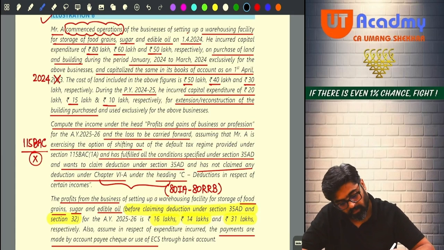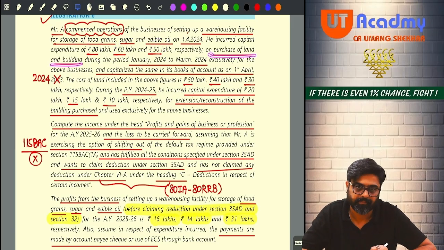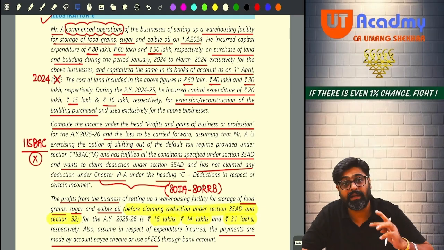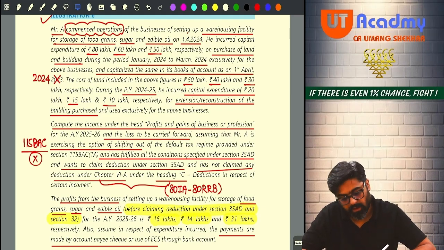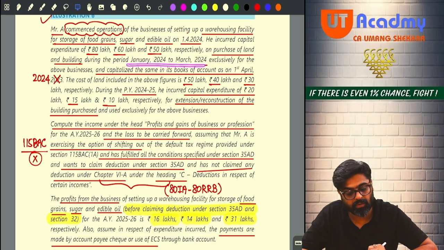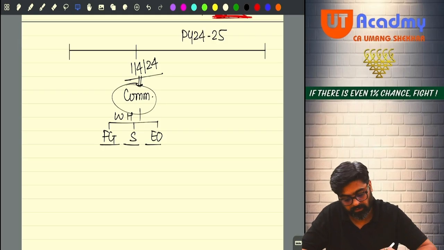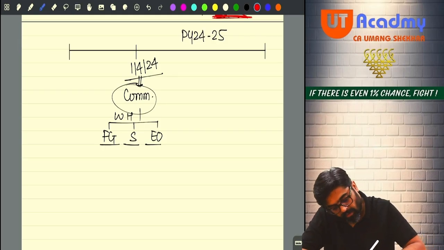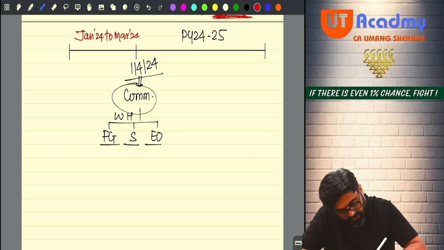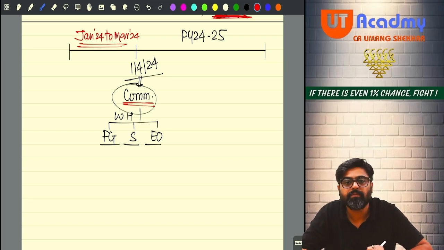He incurred capital expenditure of 80, 60 and 50 lakhs respectively on purchase of land and building. Only building, or land and building? Land and building, during the period January 24 to March 24. Very good. So this is the period prior to the commencement.